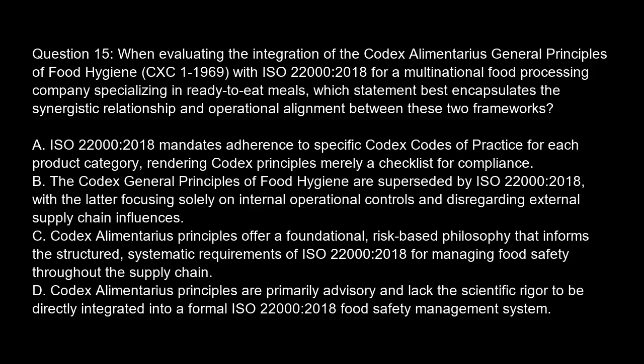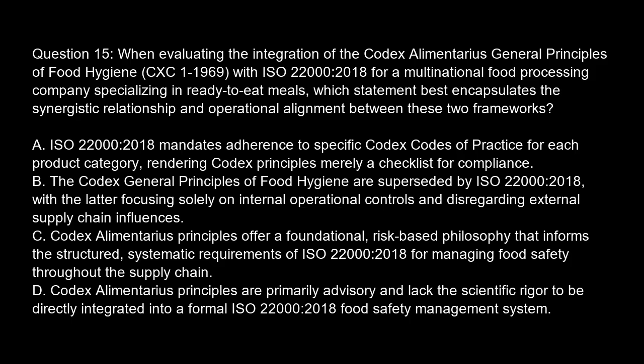Option A. ISO 22000-2018 mandates adherence to specific Codex codes of practice for each product category, rendering Codex principles merely a checklist for compliance. Option B. The Codex General Principles of Food Hygiene are superseded by ISO 22000-2018, with the latter focusing solely on internal operational controls and disregarding external supply chain influences.